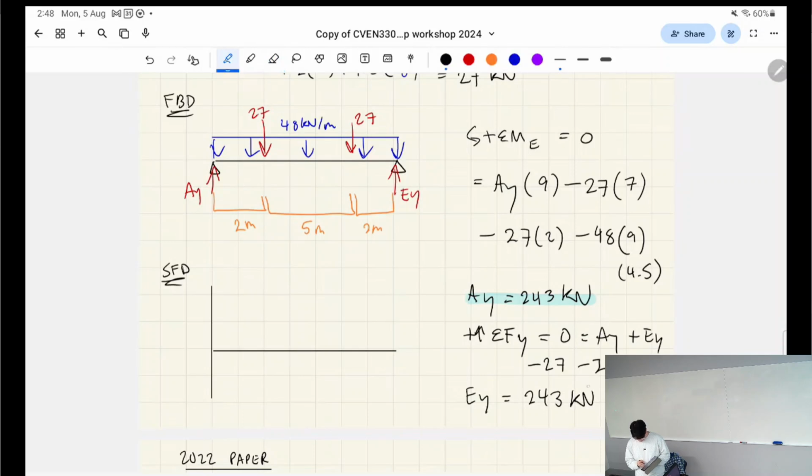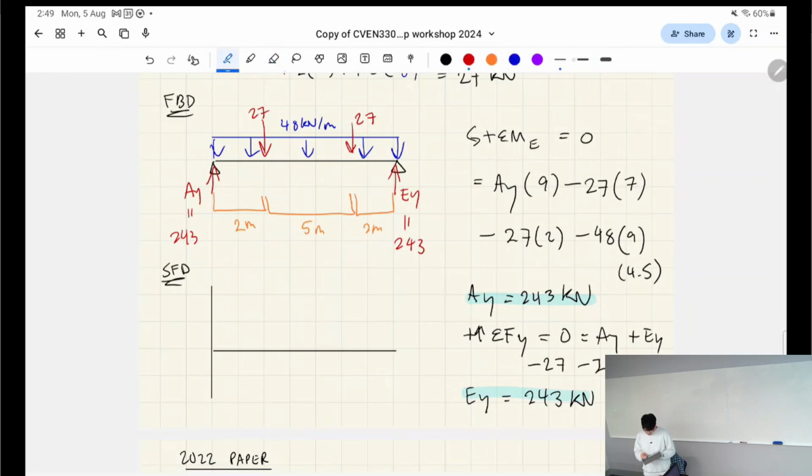So I actually didn't need to do that calc, because we have symmetrical loading on the beam, so the supports would be taking the same amount. If you wanted to be quicker in the exam, you can just do all the downwards forces divided by 2, and that's how much each support is taking. You can only do that in the special case that all the loading and the shape of the beam are symmetrical. Okay, so we basically know that this is 243, and this is 243.